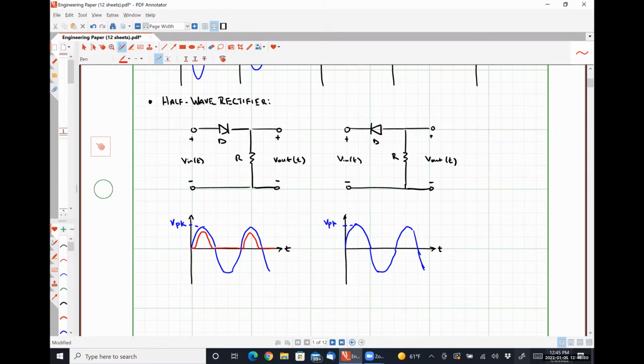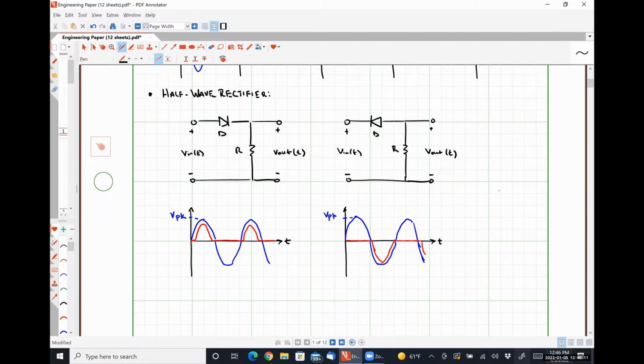For our right-hand rectifier, we see a similar thing, except that it's not going to turn on until V_in is less than negative V_D on.